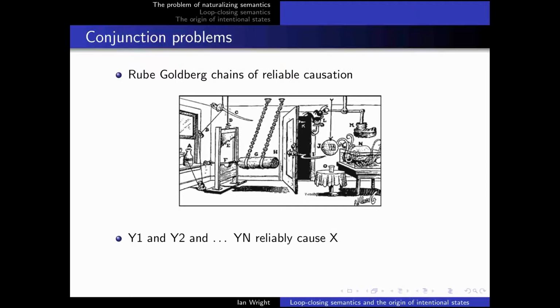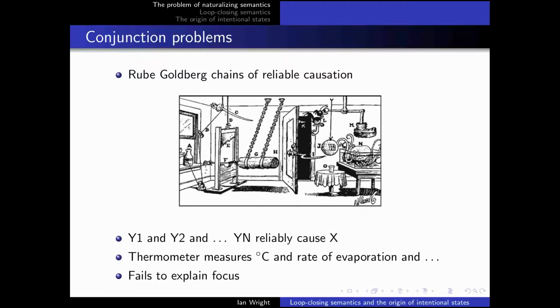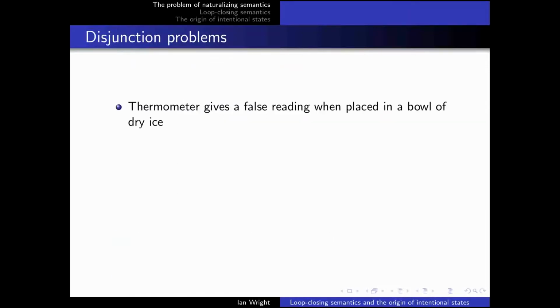So stick a mercury thermometer in a bowl of dry ice. The mercury freezes solid and indicates the wrong temperature. But the volume of solid mercury also reliably co-varies with temperature. The expansion coefficient just happens to be about half that of its liquid state. So this isn't a case of misrepresentation according to IS.